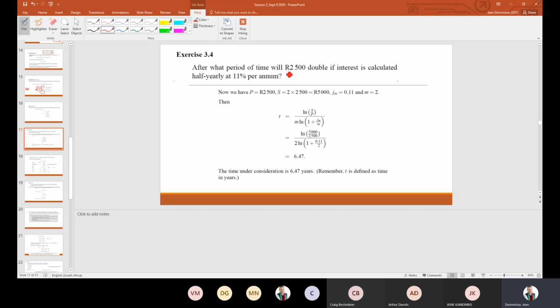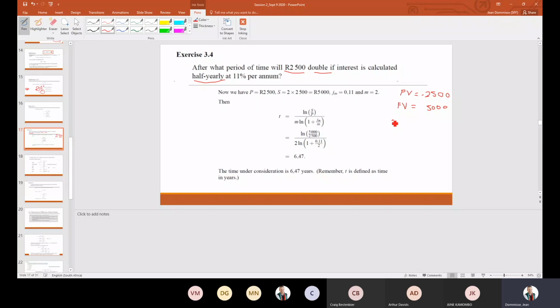So after a period of time, 2,000 rand. Your present value is 2,500, so let's make that the -1. 2,500 will double, so if that is doubled, it is 5,000 at the end of the period. Then it tells you half yearly.